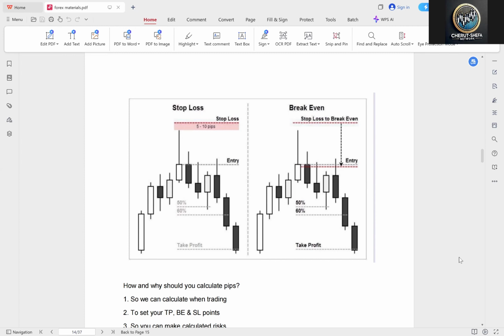So ensure that there has been a retracement, a pullback, a retest towards your entry, and then price is already moving far away from the entry and halfway into your profit target before you place your break even.